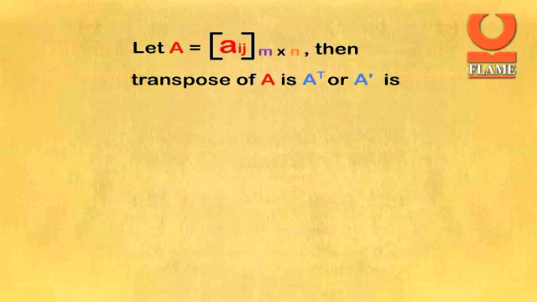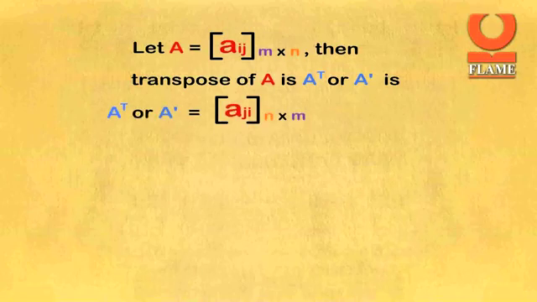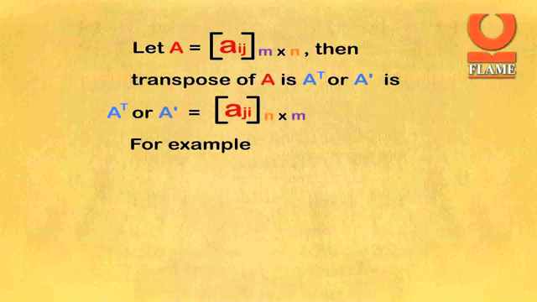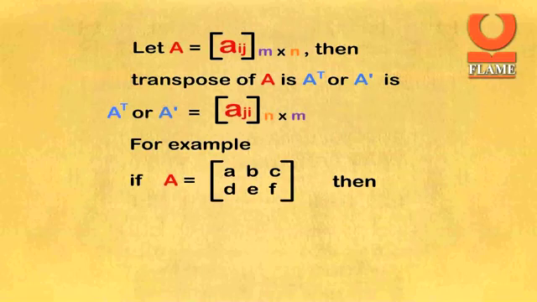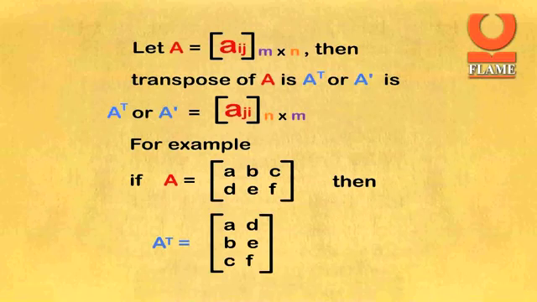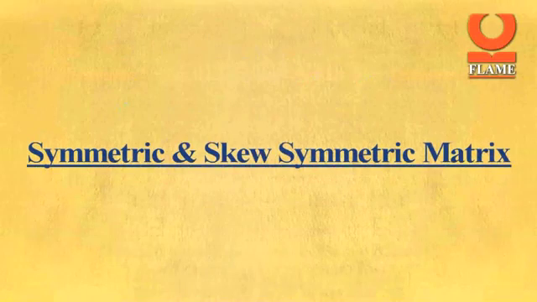So we can write A to the power t or A dash is equal to Aji, n into m. For example, if A is equal to [a b c; d e f], then transpose of A, A to the power t, is equal to [a d; b e; c f].